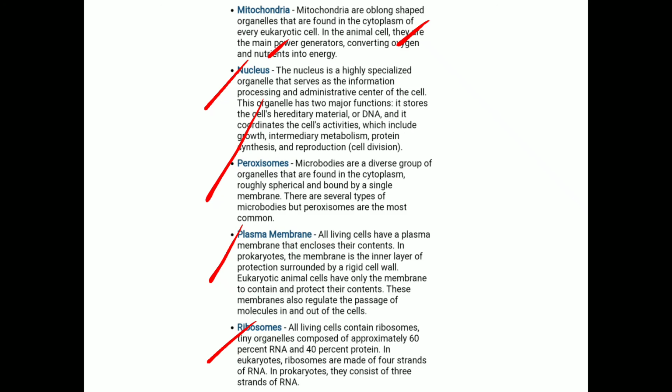In eukaryotes, ribosomes are made up of 4 strands of RNA. In prokaryotes, they consist of 3 strands of RNA. Keep that also in mind. These are the different kinds of cell organelles in the animal cell.